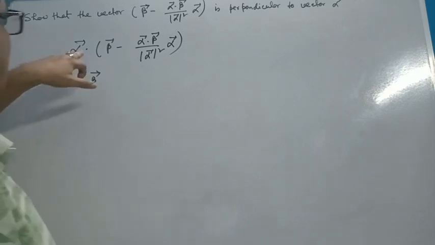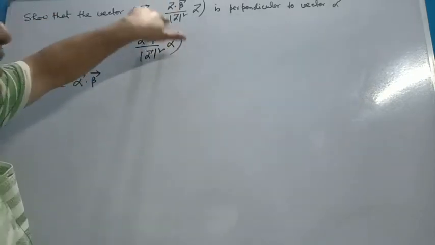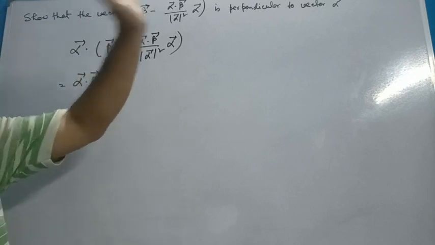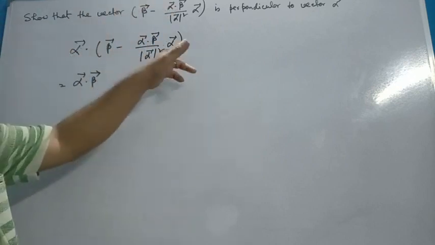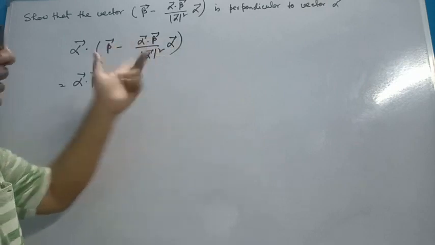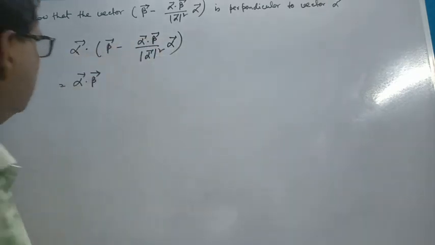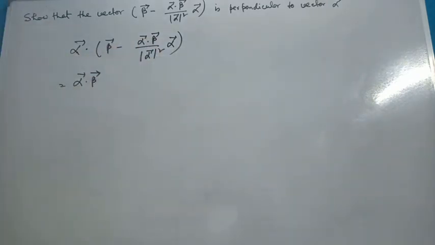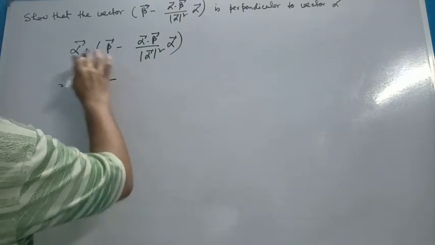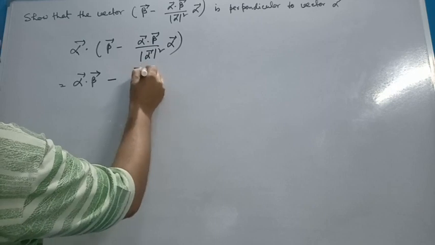So we take alpha dot this vector. Suppose this vector is D. We have to prove alpha dot D is 0. Vector dot product is distributive, as is known to all of us. So this means alpha dot beta minus this scalar times alpha dot alpha.